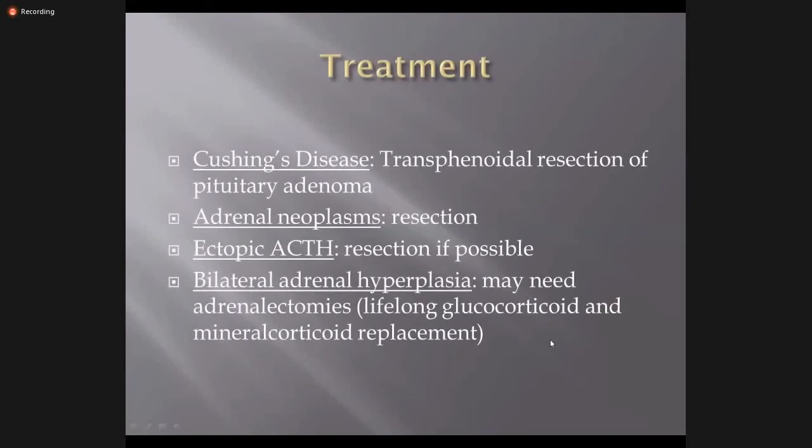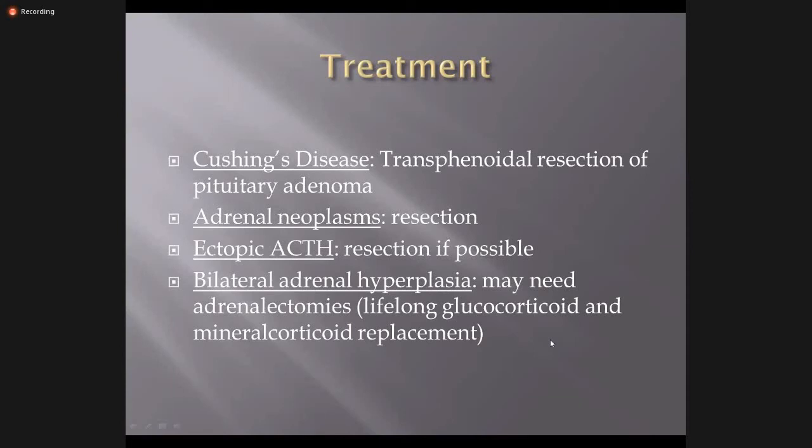Then the very important thing now is the treatment. Treatment of first choice is localization of the tumor and surgical excision of the tumor. In case of Cushing disease, there is usually a microadenoma of the pituitary gland secreting excessive ACTH.